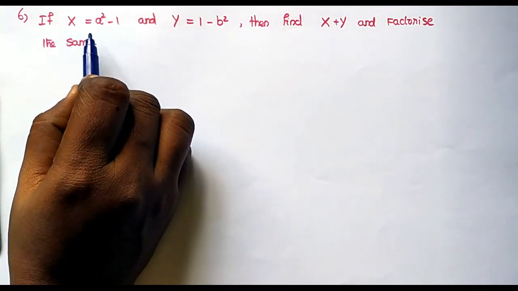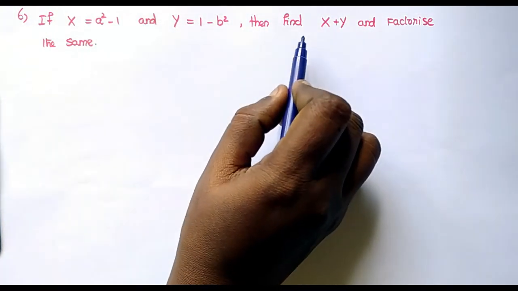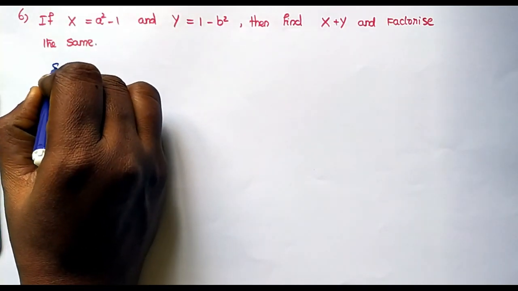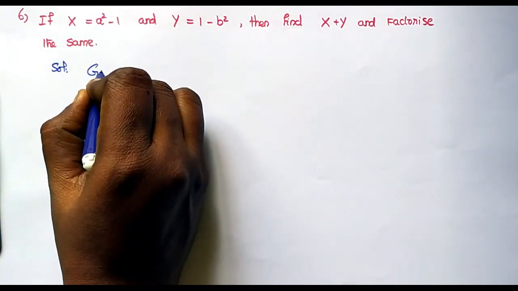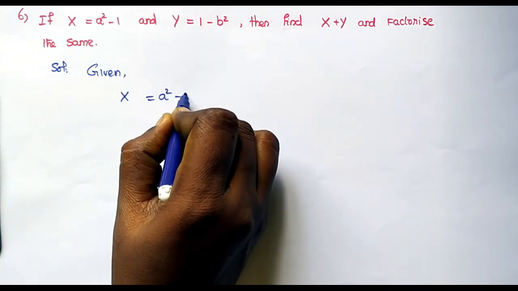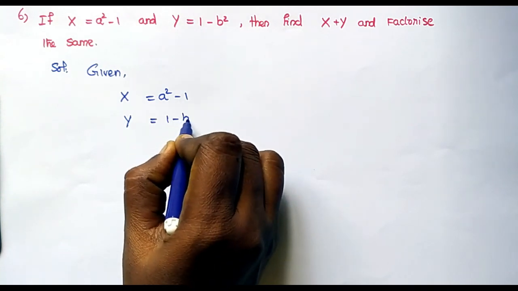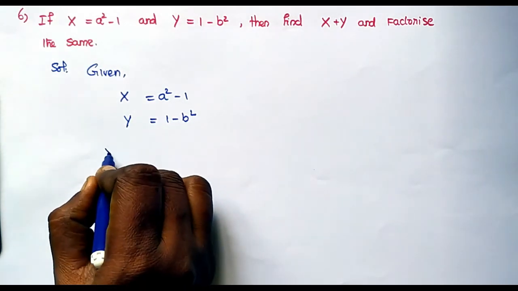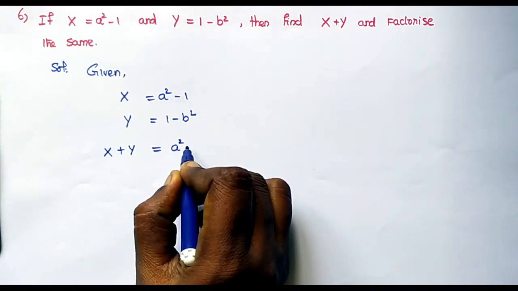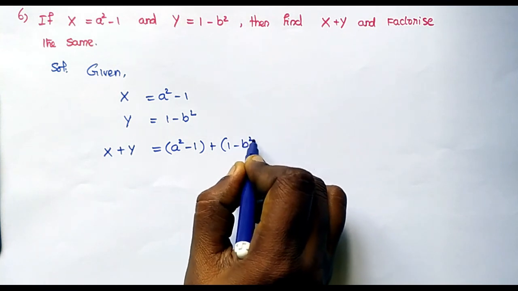Sixth sum. If x equals a² − 1 and y equals 1 − b², then find x + y and factorize the same. Listen, write down what is given. x equals a² − 1 and y equals 1 − b². Now x + y equals a² − 1 + 1 − b².